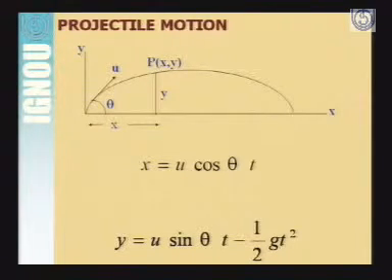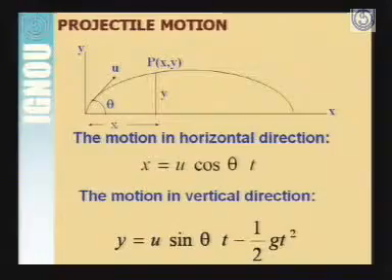And the motion in the vertical direction is y equal to u sin theta t minus half g t square. Look at this figure. So the motion in the horizontal direction is x equal to u cos theta into t, and in the vertical direction y is equal to u sin theta t minus half g t square. Here we can eliminate t from these two equations, and finally we get an equation. That equation is the parabolic equation. So the trajectory of the path is parabolic.